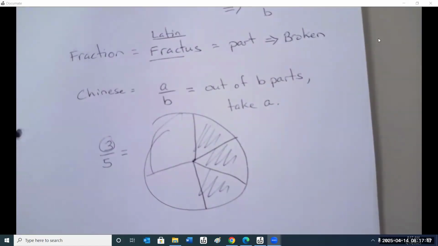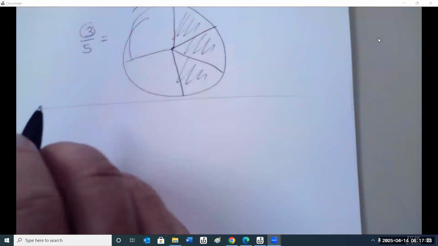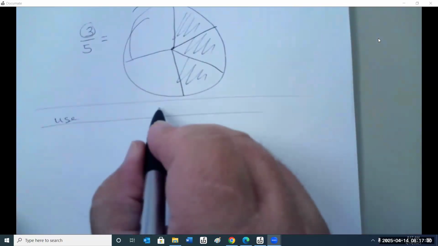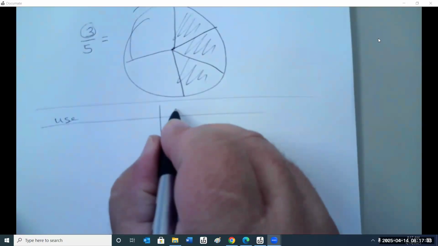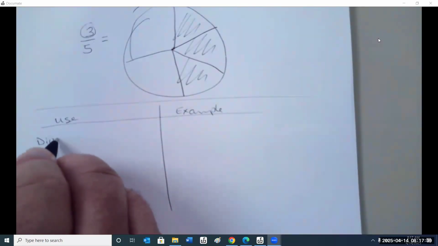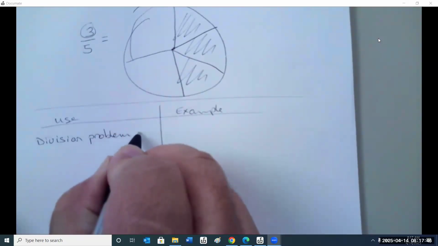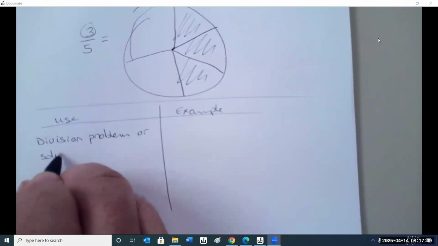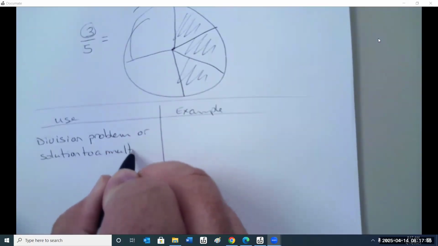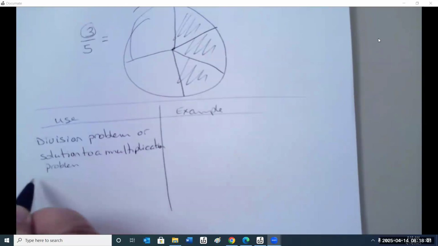Let's look at different ways we can use the word fraction or rational. Okay, here's the first one.